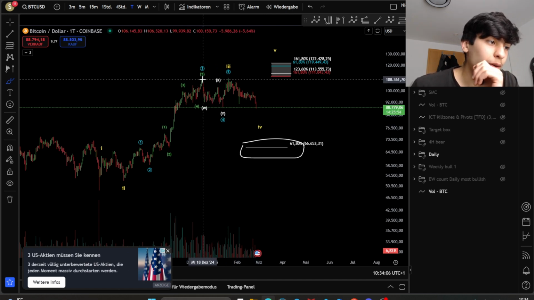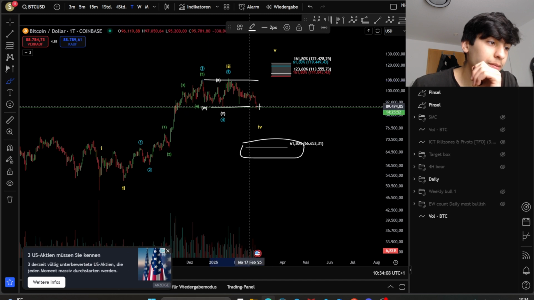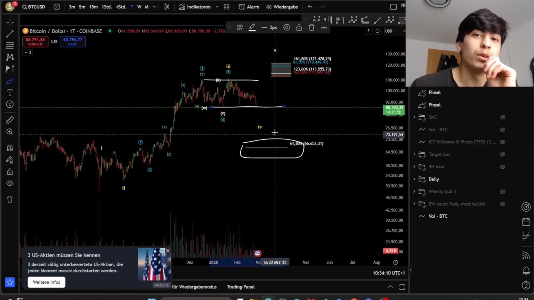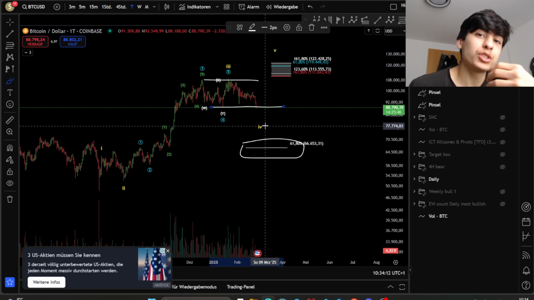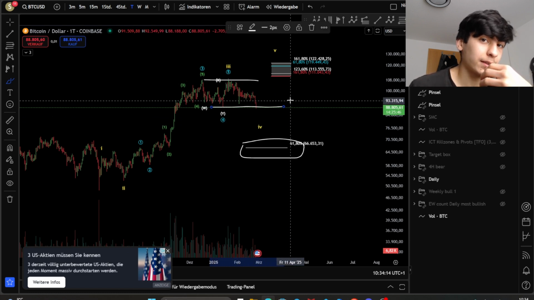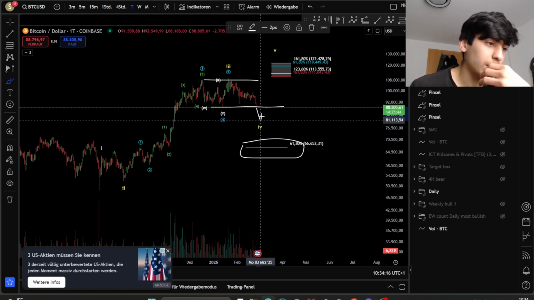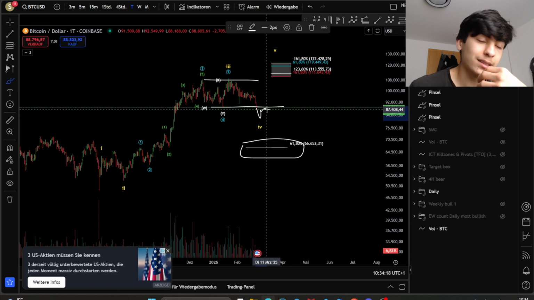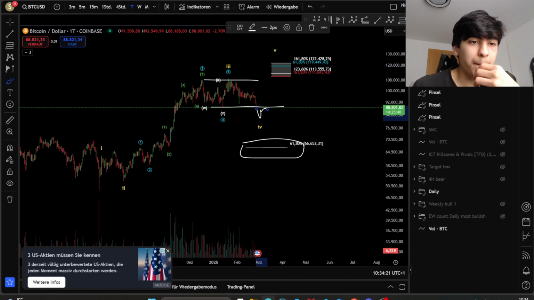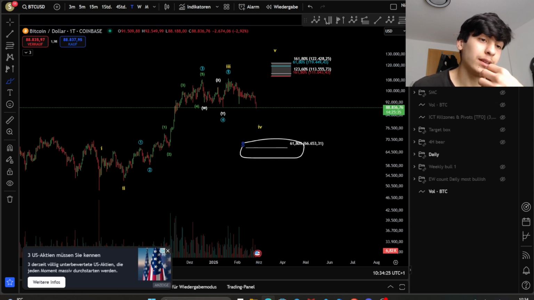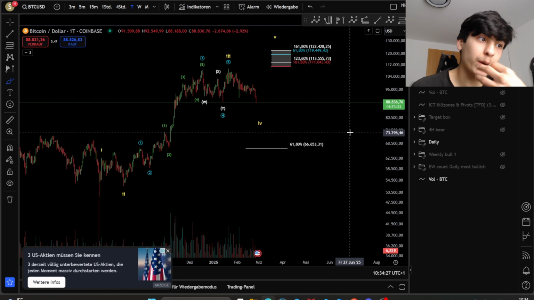Now your blue wave 4 here is this range. So your wave 4 of the yellow wave 4 usually stays within that, or it can go a little bit lower, or deviate, or whatever you call it, but it shouldn't break this level. So in this case, yes, we are looking for more upside.